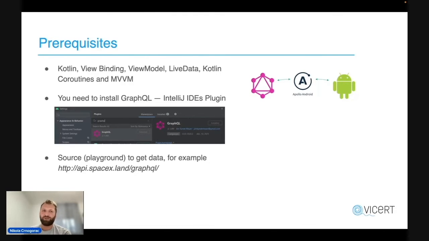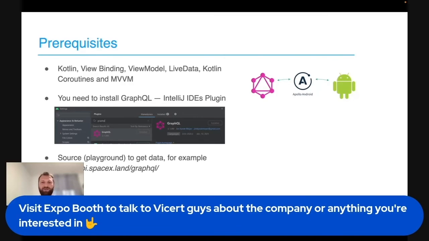First of all, what we need to do is install GraphQL in Android Studio. After we make a regular project in Android Studio, we can first go to the plugins and download the GraphQL plugin. With that plugin downloaded, we have a bit of an upgrade for Android Studio, so we can do some magic with GraphQL.